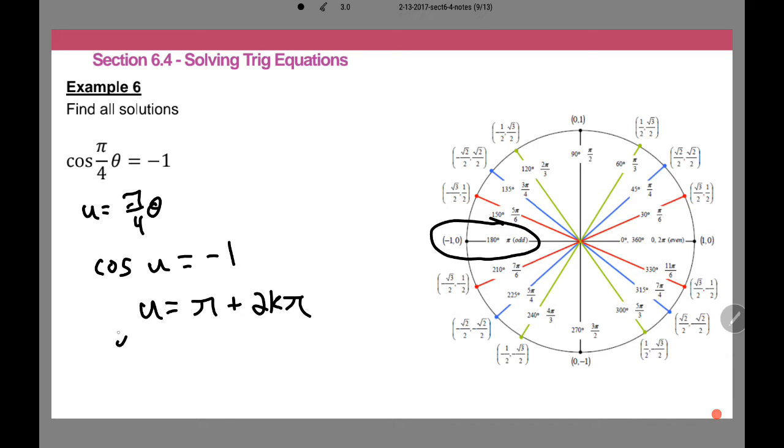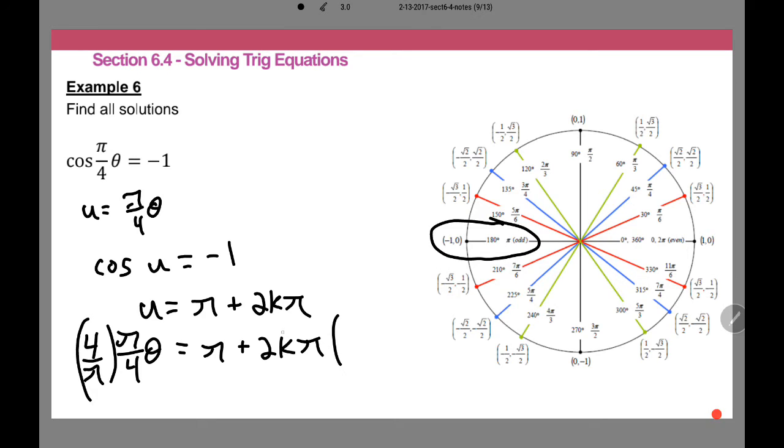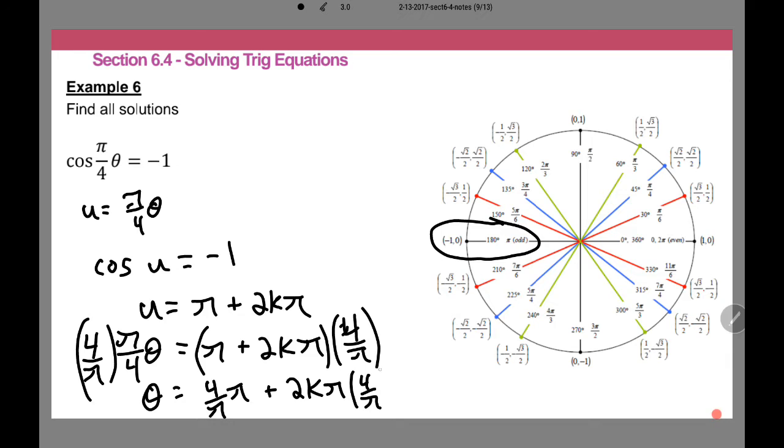And then I substitute that pi over 4 theta back in. And pretty much in order to divide by this, I multiply both sides by the reciprocal, 4 over pi. I said 4 pi, I'm sorry. So that means theta equals 4 over pi times pi plus 2k pi times 4 over pi.